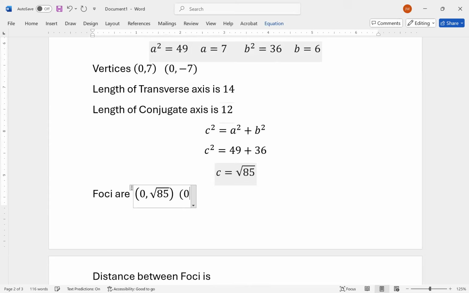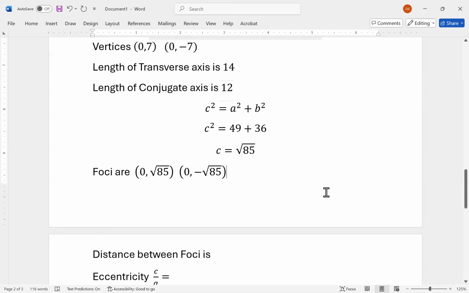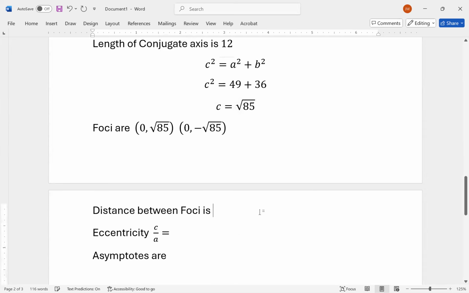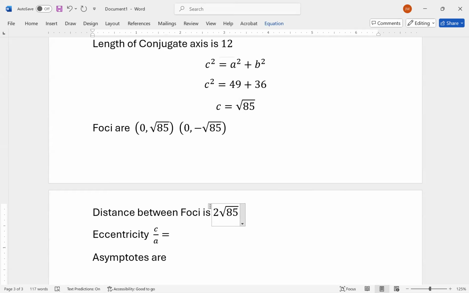And then 0, comma, the negative square root of 85. So there we go. That's where the two foci are. The distance between the two foci is just double the square root of 85.